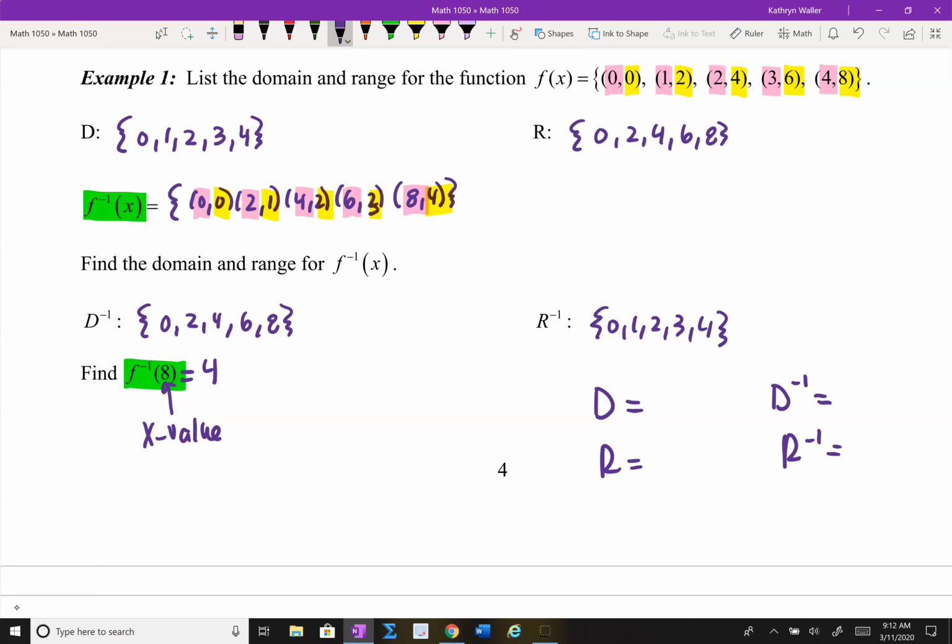Domain is x, range is y. So if you switch your x and y, then they're obviously going to switch. So draw an arrow from there to there, and from there to there. And I want you to write down, they will always be identical, always. Okay, so it's really very simple.